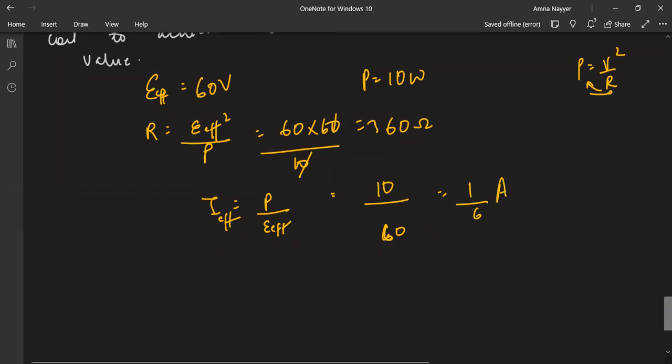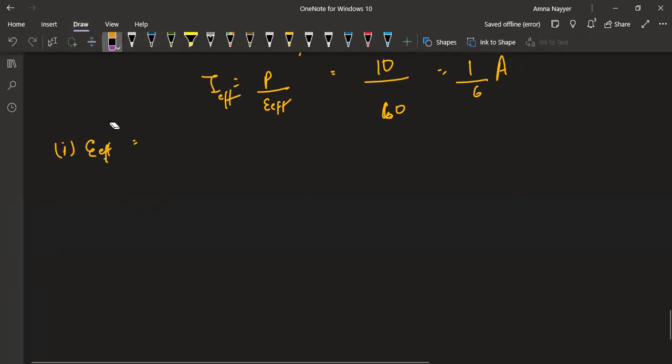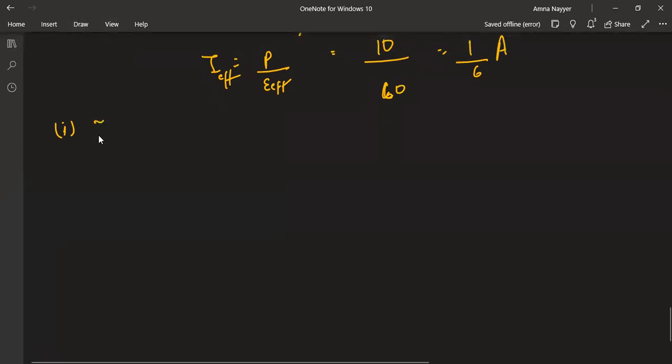The first part is asking the inductance of the choke coil, L. L can be answered if we have XL, and XL can be answered if we have Z. So Z is E effective divided by I effective.